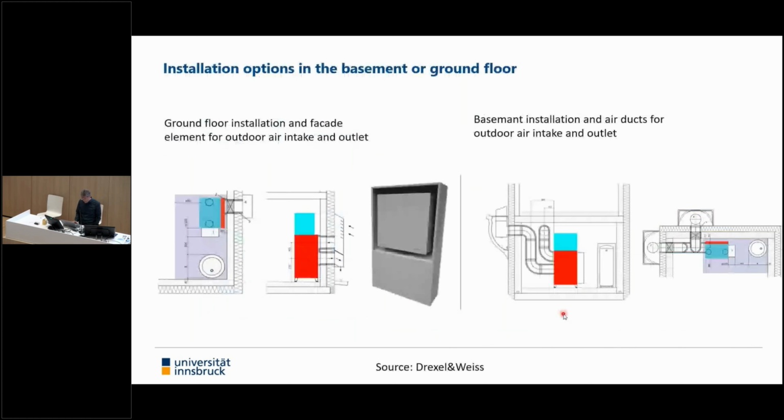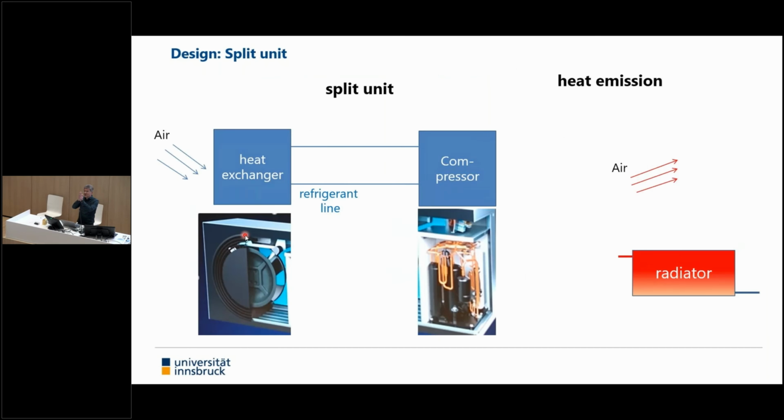Or you can place it, if it's not propane, in your cellar or in the basement or on the ground floor and use such kind of air intakes and outlets on the facade. That's also a monoblock machine that also works. Or you split it up, so in two parts, one part outside and the other part inside.